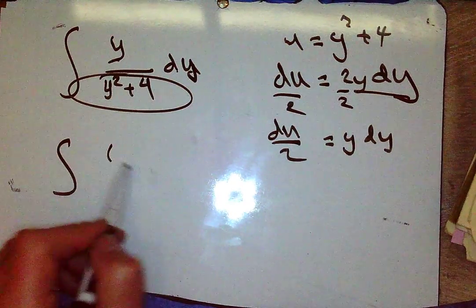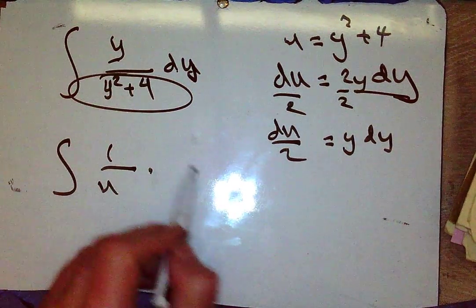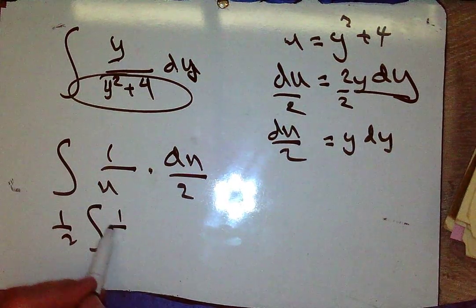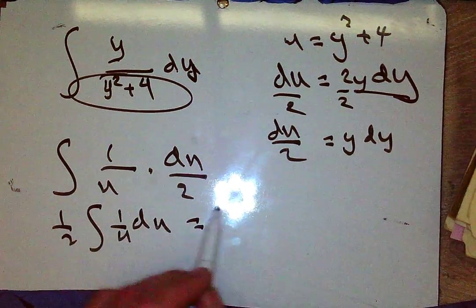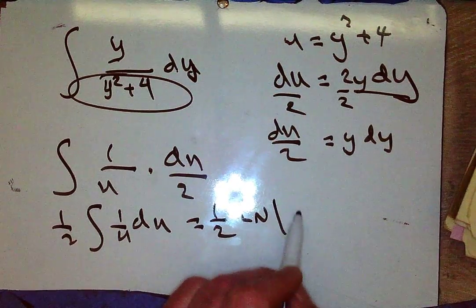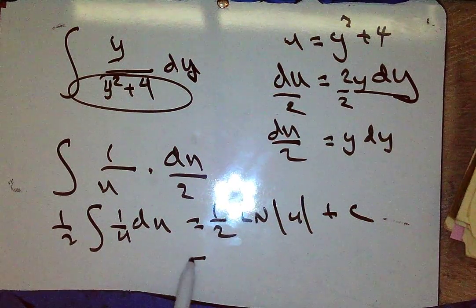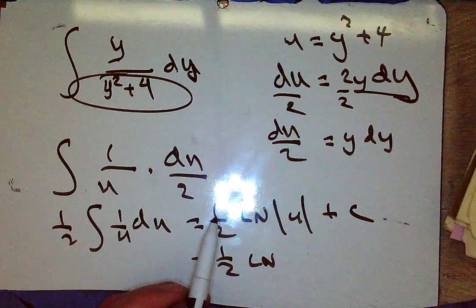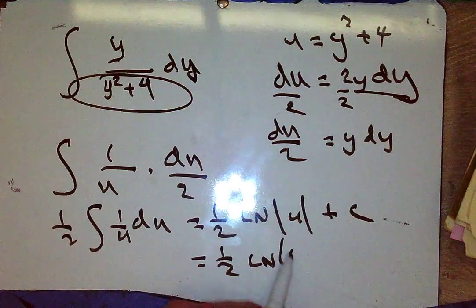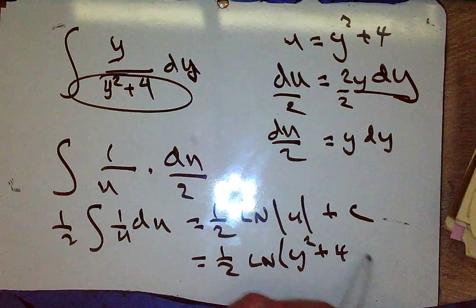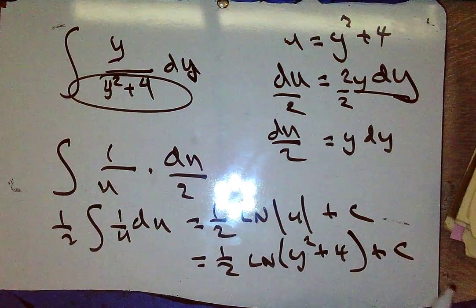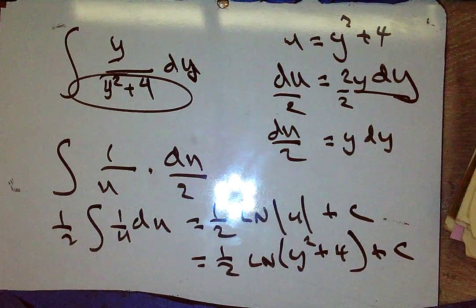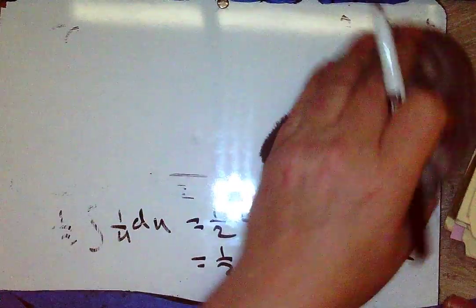So this can be 1 over u times du over 2. Nice. Okay, last one for station 11.